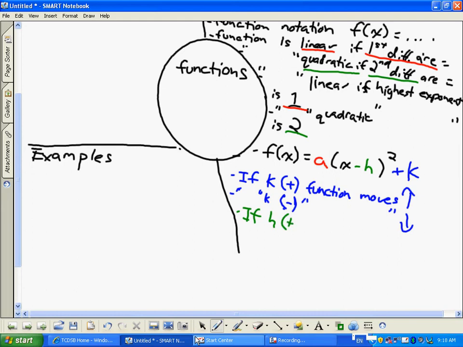If h is positive, the function moves left. And if h is negative, function moves to the right. Okay? In case you don't know your left and right. There you go.